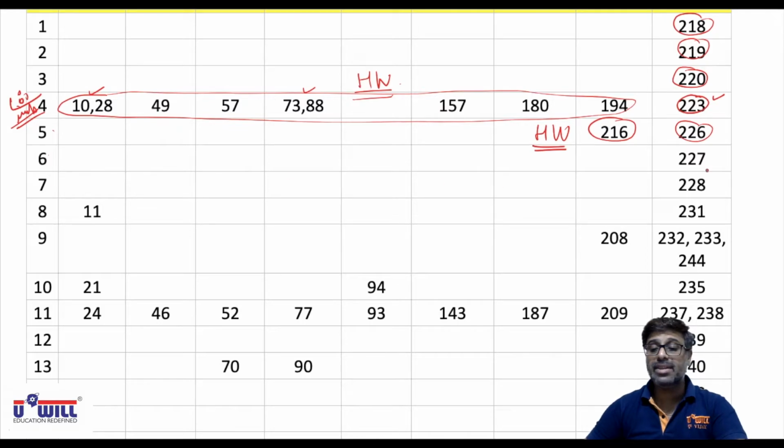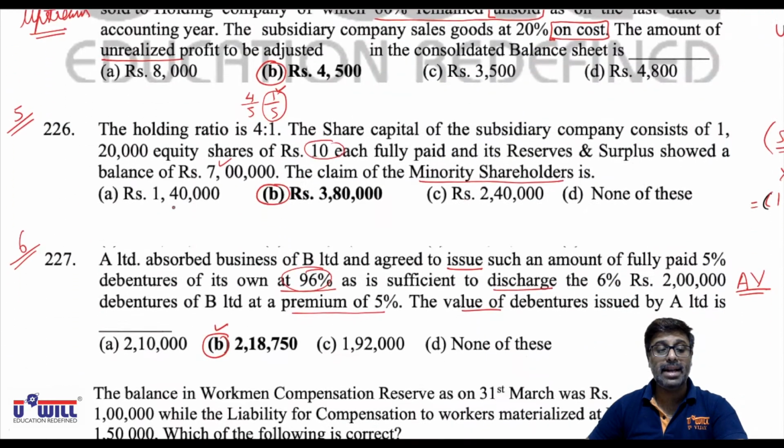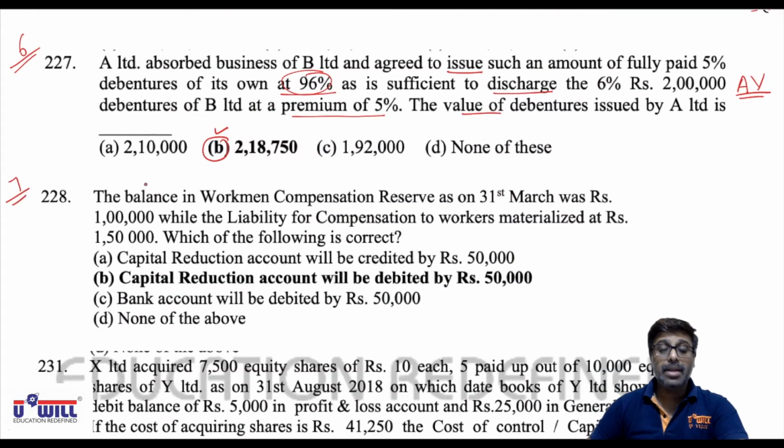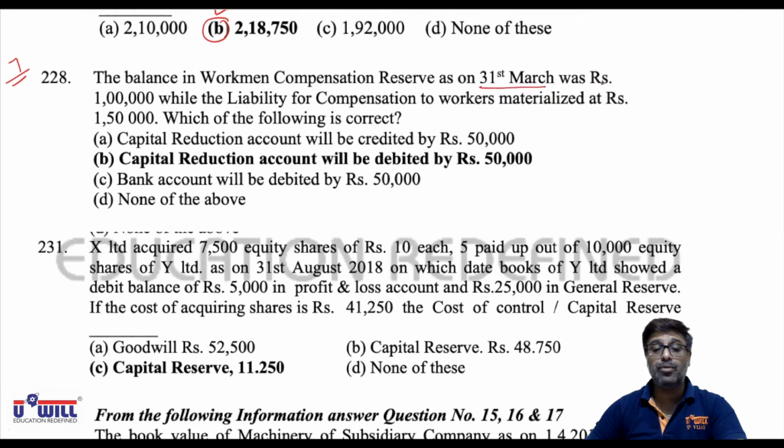Now question 7 is 228 of the recent exam, October 2019, that I am doing. The balance in workmen compensation reserve as on 31st March was rupees 1 lakh, while the liability for compensation to workers materialized at rupees 1 lakh 50,000. So out of 1 lakh 50,000 only 1 lakh is available, which means the remaining 50,000 we have to take from the capital reduction account.